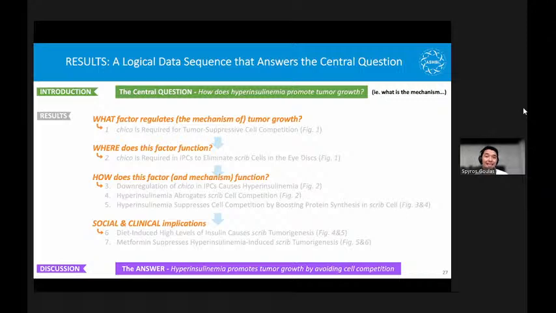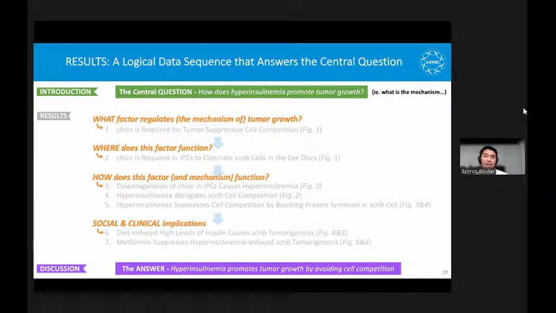And lastly, it ends with data that has more social and clinical implications by showing how diet or the use of an anti-diabetic drug is able to alter tumor growth. Through such logical transitioning within the results, you can see how the flow of results leads to a satisfying answer.